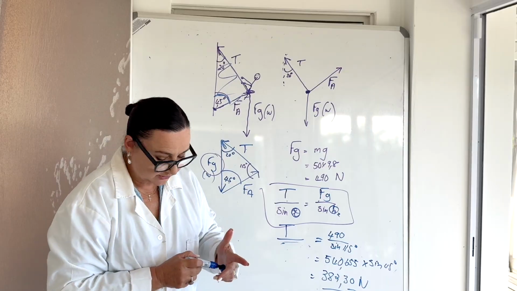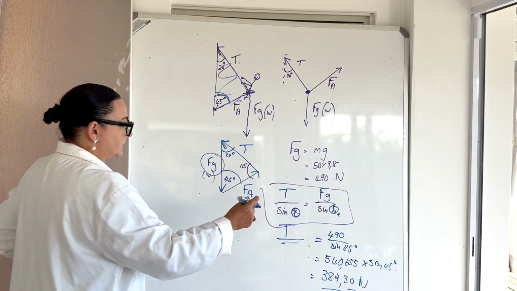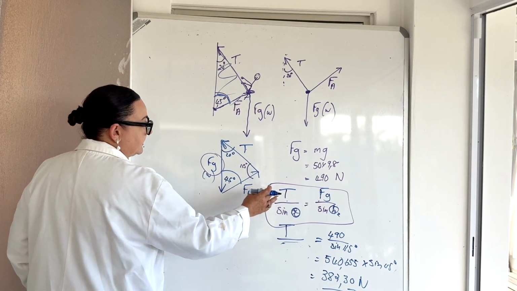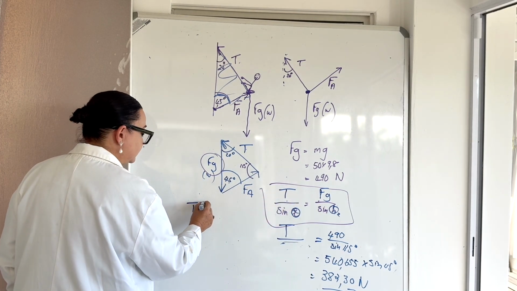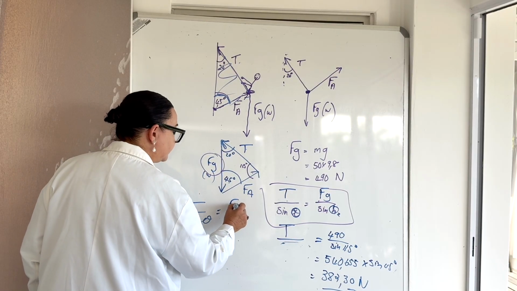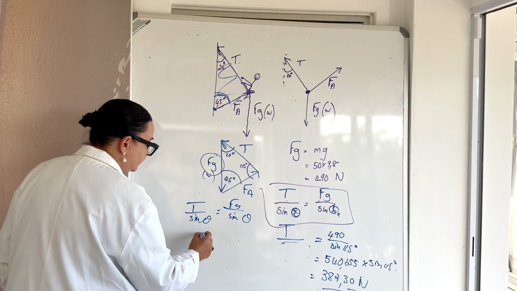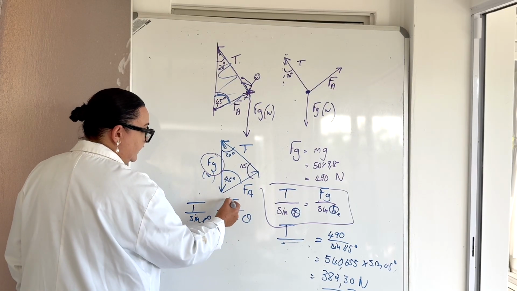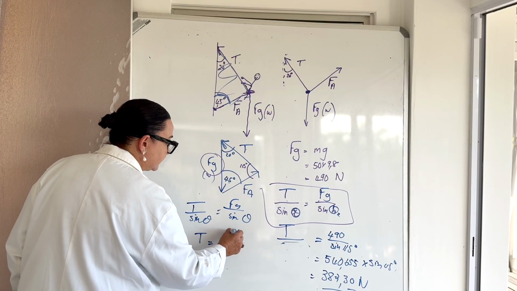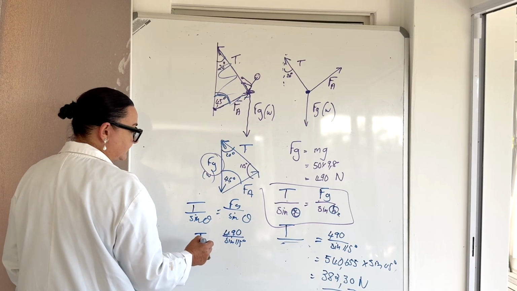I'm not so sure that you can still see that, so let me rework it again. I'm just going to move this quickly to here. So we've got the formula there: T over sine theta equals Fg over sine theta. And then I'm going to substitute. So T equals Fg, 490 divided by sine 115 degrees.